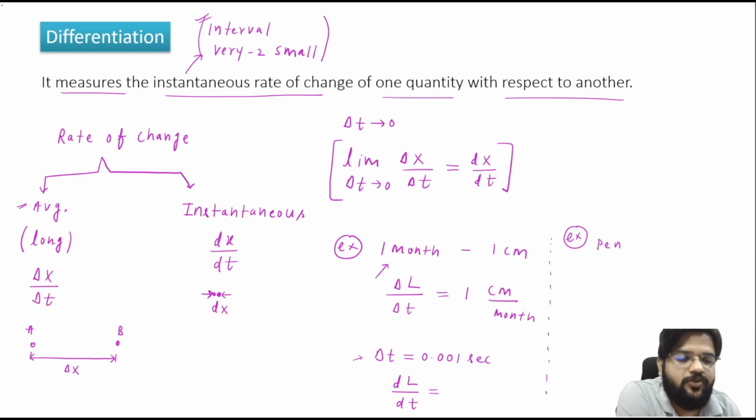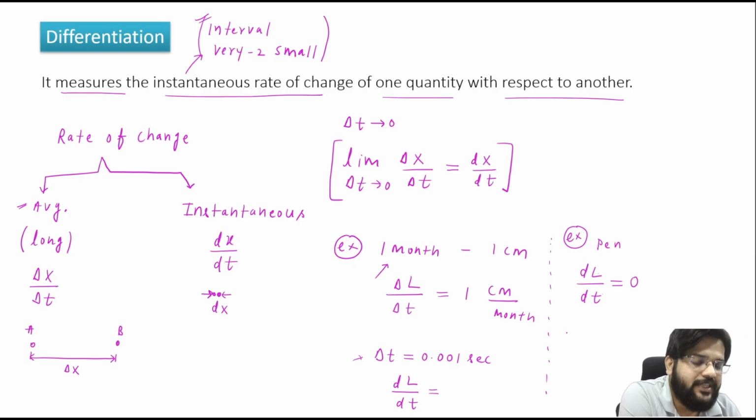So the length of this pen is not changing with respect to time. So what should be the differentiation of L with respect to time, everyone? We know that with respect to time the length is not changing, so it should be 0, correct? Because the length of this pen remains the same with respect to time.